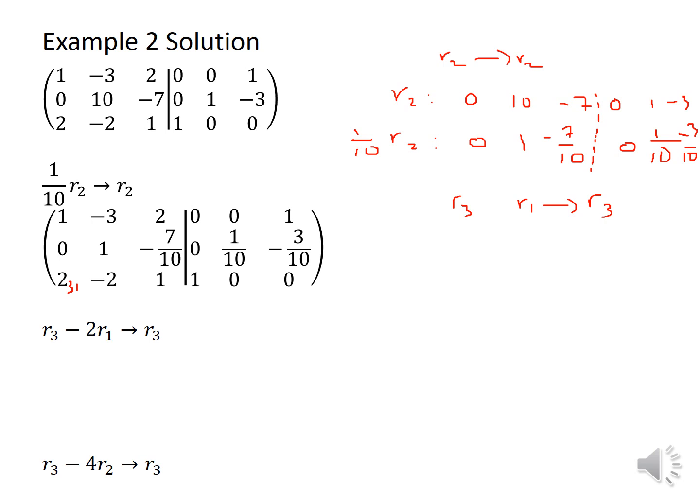So just write down the R3 is 2, -2, 1. 1, 0, 0. And R1. R1 is 1.